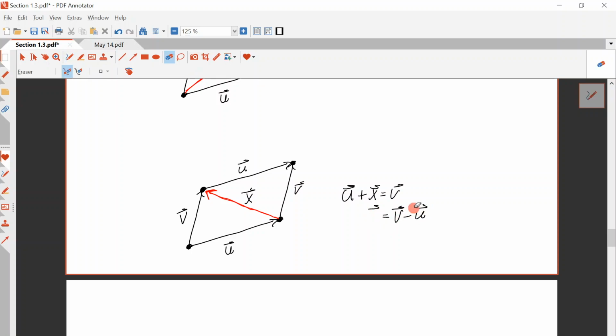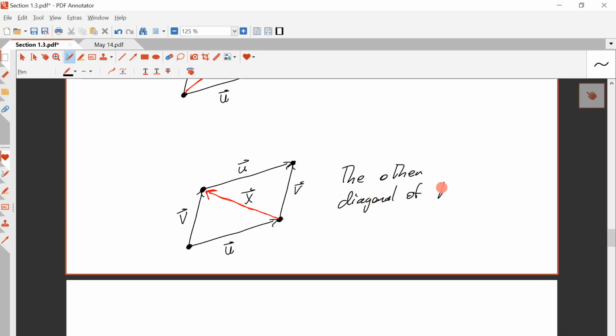So the other diagonal of the parallelogram is v minus u, or u minus v, depending on which direction is chosen for the diagonal.